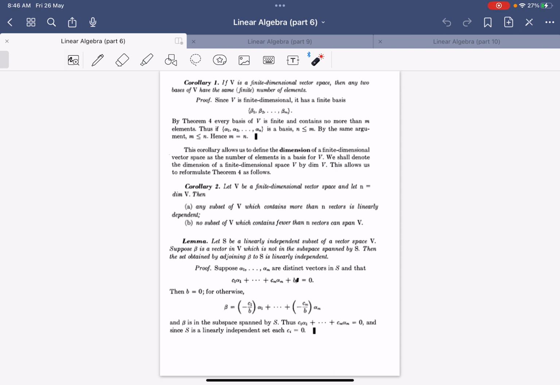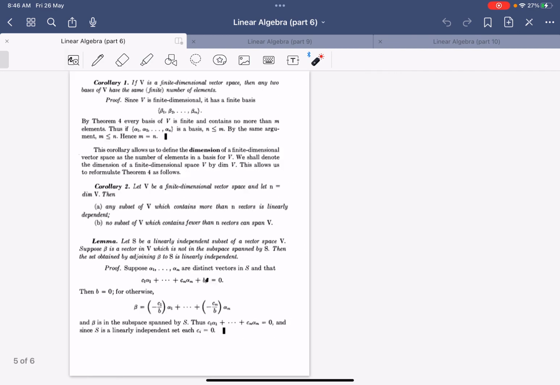And if you have less than n elements, then you cannot span the entire V. If you think about it intuitively, it's like you have R3 and you only have two vectors. Then you cannot span the entire volume, because your two vectors can only span at most a two-dimensional plane.